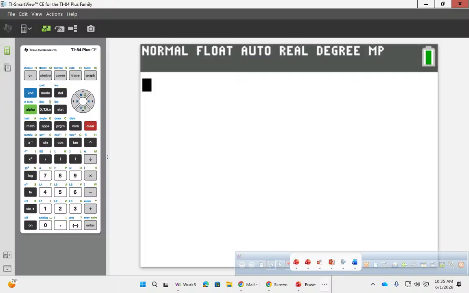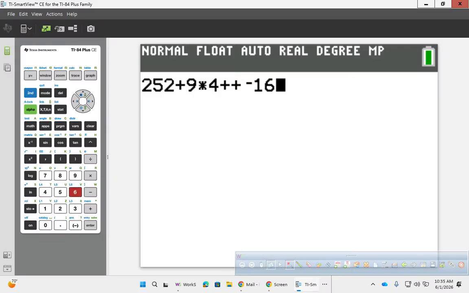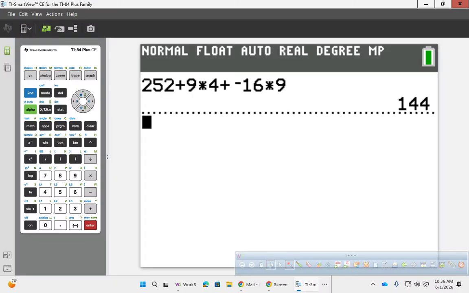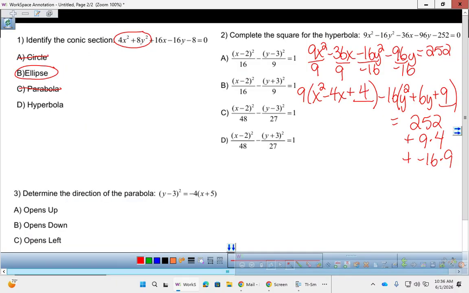So let's see what we get for that. 252 plus 9 times 4 plus negative 16 times 9, right? All right, so we get 144 when we get this other side of the equation.